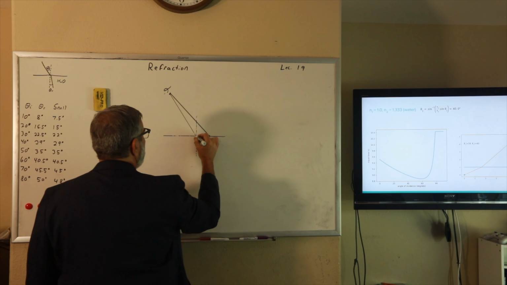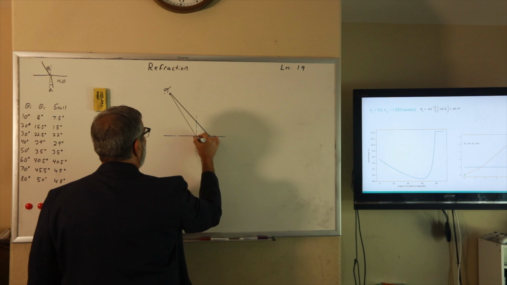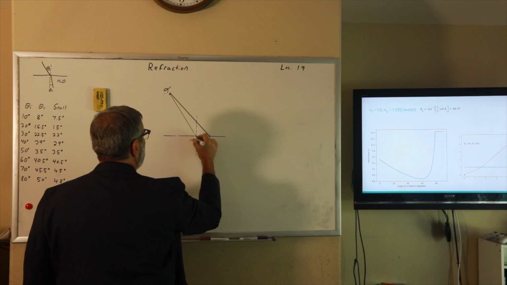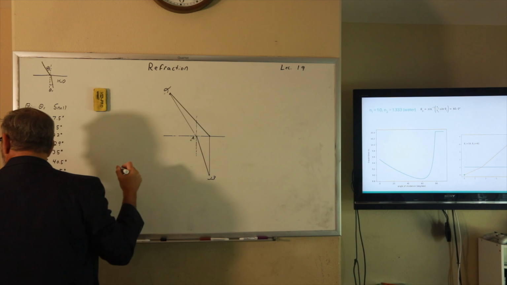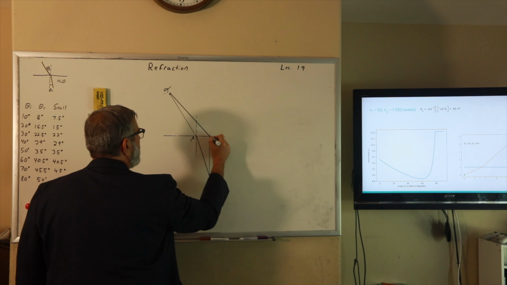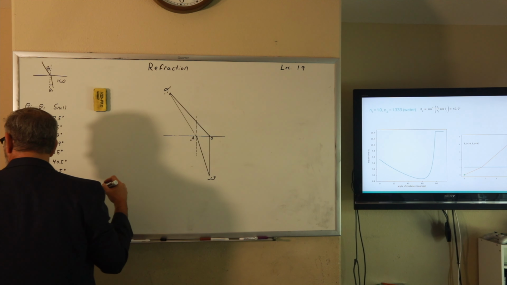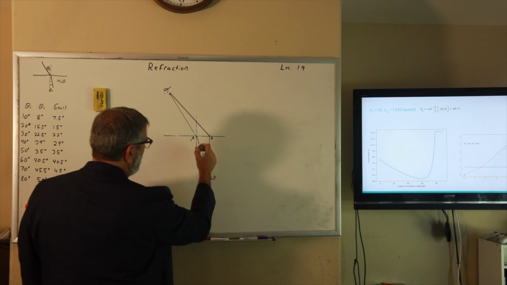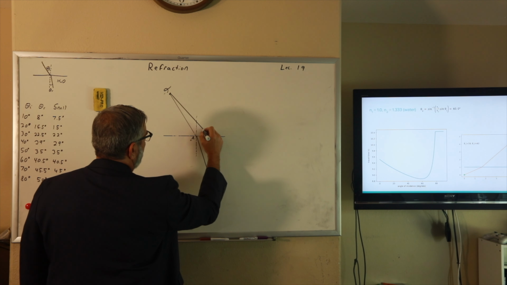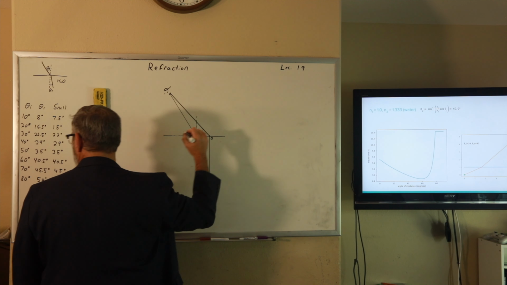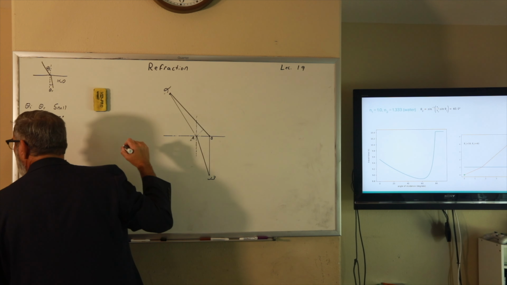I'm going to call this point here A. Actually, I should call it uppercase A. We always in geometry label things uppercase. And I'm going to call this point B. Okay? And now I'm going to construct a right triangle by drawing a perpendicular line. It goes from A to this new point, which I'm going to call D.